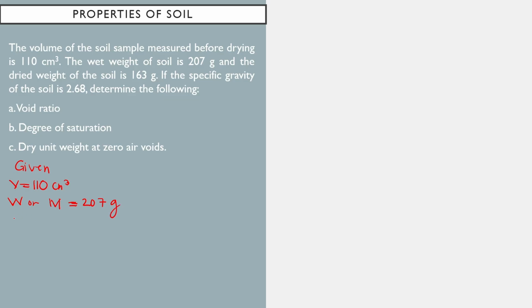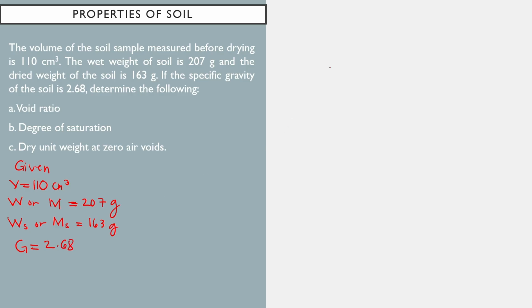And then yung dried weight natin, or dried soil, or W sub S, or mass ng dried soil, is equal to 163 grams. And then yung specific gravity G is equal to 2.68.